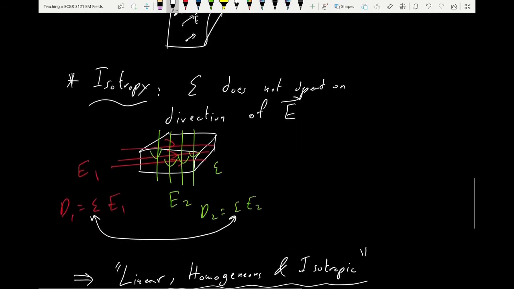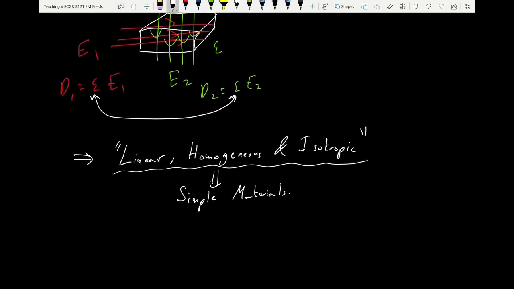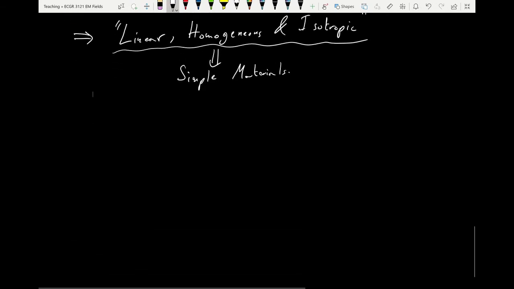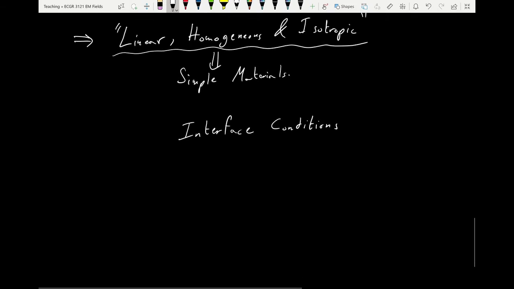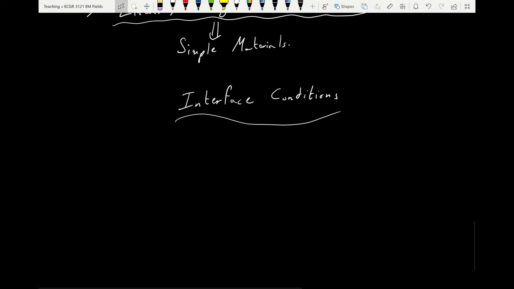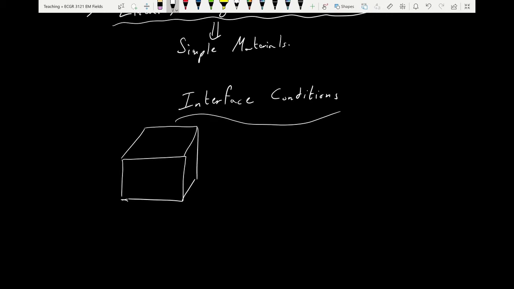All right. Now I want to jump to the topic of interface conditions. We have a reasonably detailed theory of the medium where electromagnetic fields, in particular electrostatic fields, exist.